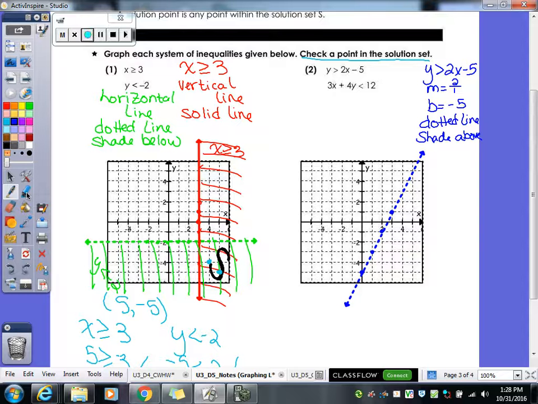So if you have to shade above the line, what I always tell them is put your pencil right on the line and then just start going up. And that's your shade above. Then you have to shade the whole part of the graph above that line. And I label my y is greater than 2x minus 5 in there so that we always have our label on there.